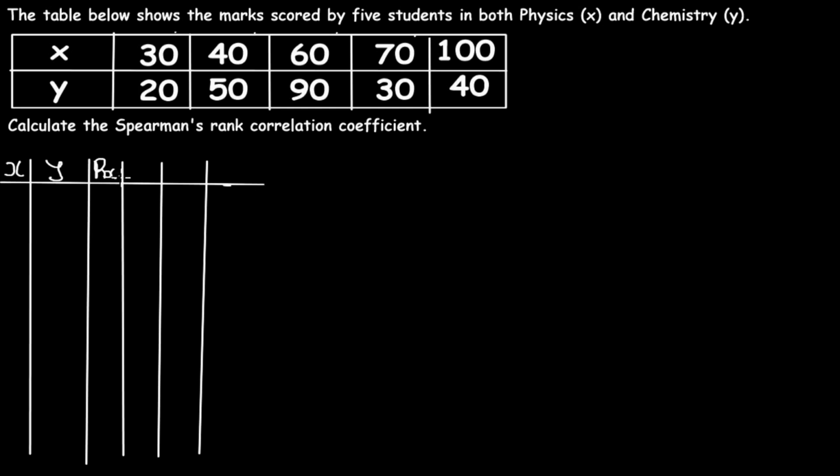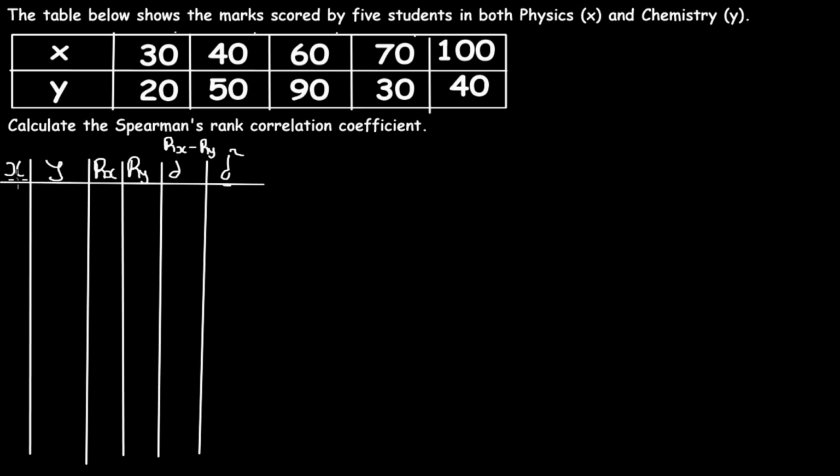Regardless, just know what each notation is representing. Now, the rank of chemistry scores, let it be r subscript y. Then we need the value of d. d is the difference between the ranks, r subscript x minus r subscript y. Then finally, you get d squared, and that's it. Once you're able to do all this, you should be able to go.